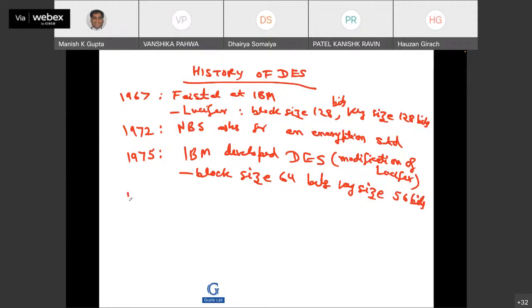In 1975, the National Security Agency of the US suggested modifications to it.